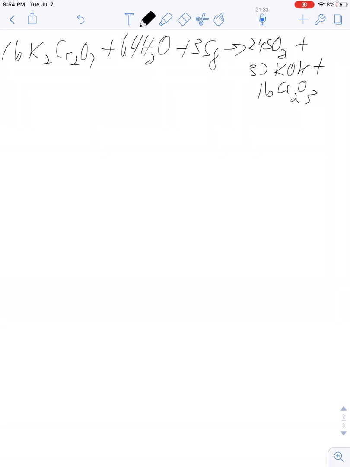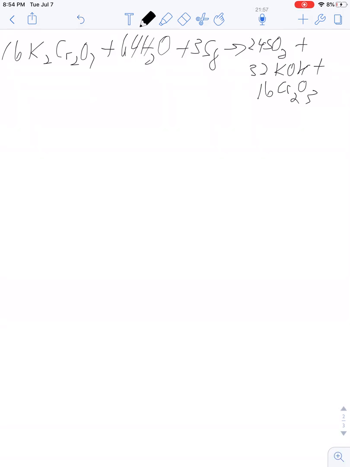So let's see here. I've got 32 potassiums on that side. I've got 32 potassiums on that side. I've got 32 chromiums on that side. I've got 32 chromiums on that side. I've got 24 sulfurs. I've got 24 sulfurs.